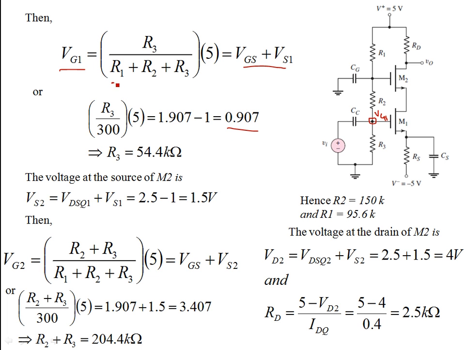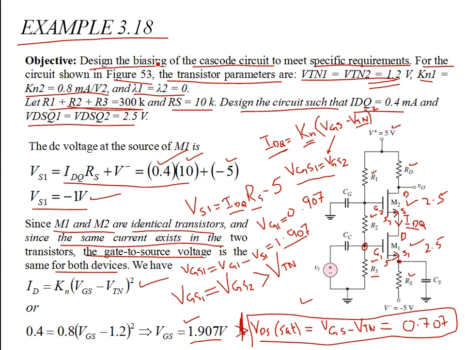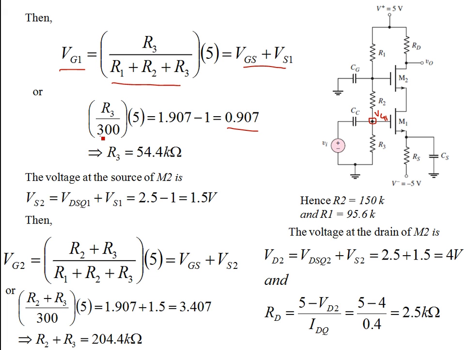R1, R2, R3 in the specifications combine to 300 kilo ohms. Just plug it in, with 5 volts as the positive supply, and you find R3, which is 54.4 kilo ohms.